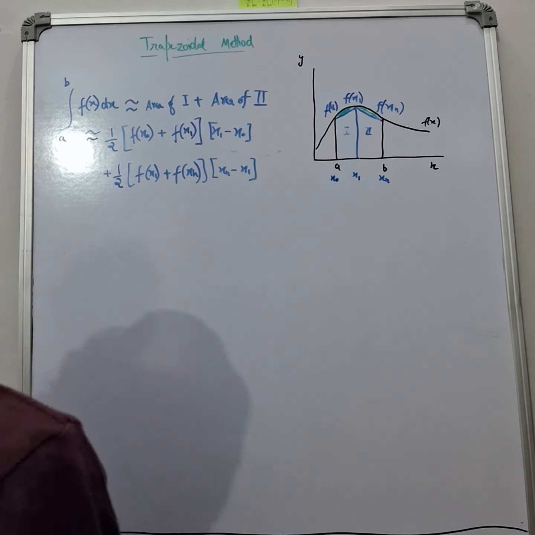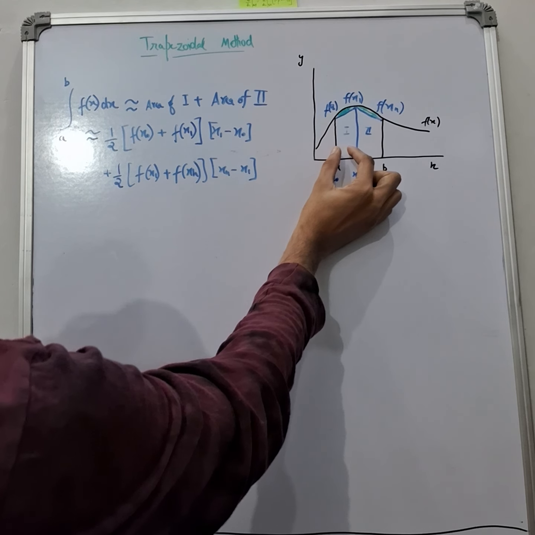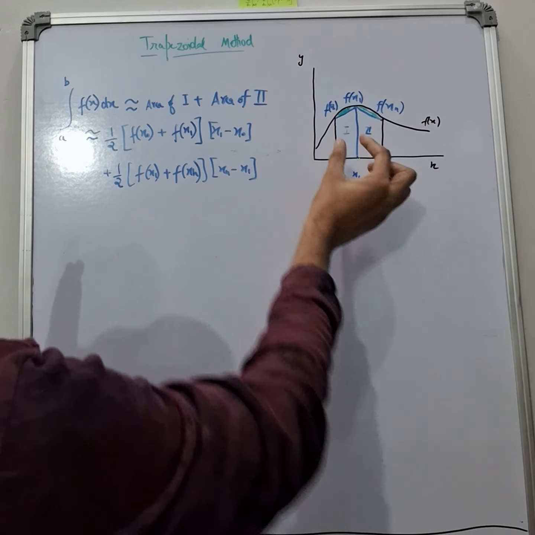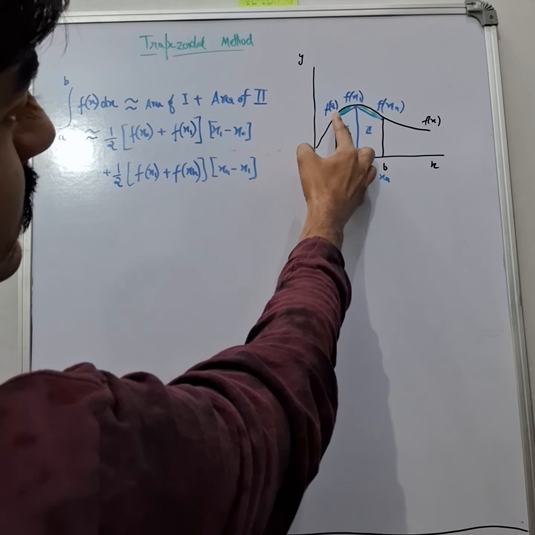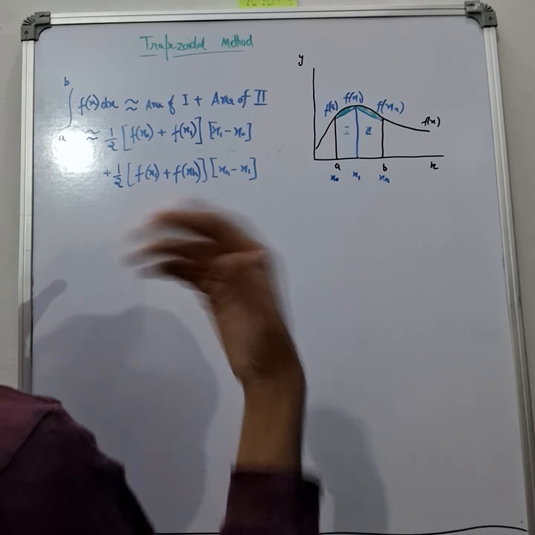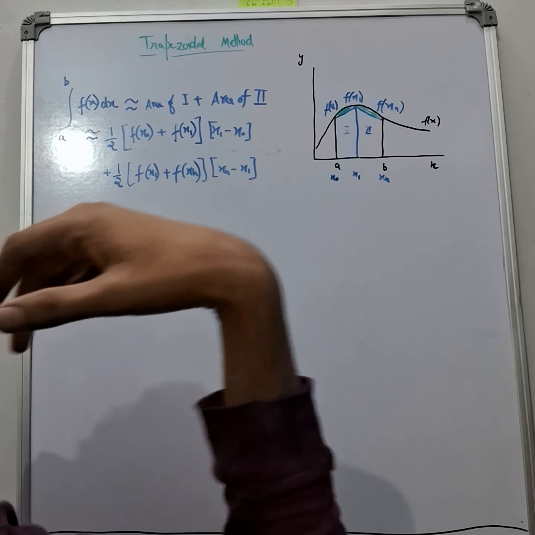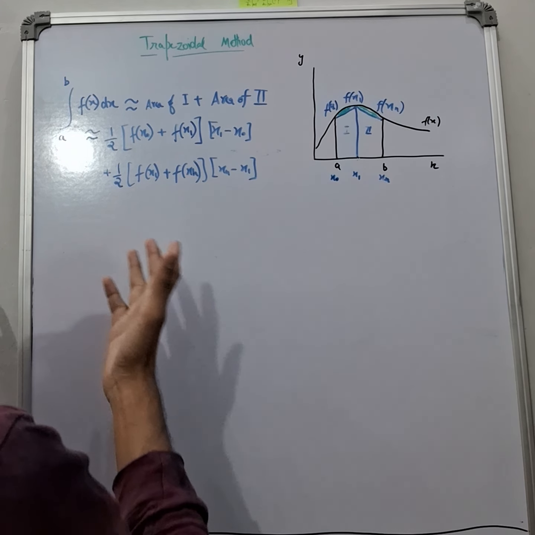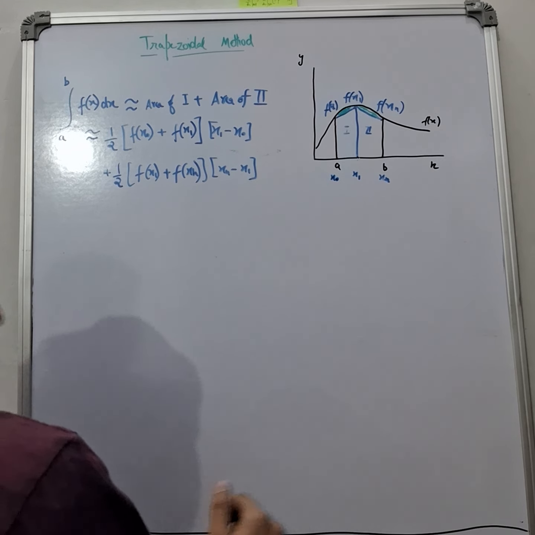So what we can do is increase the number of trapezoids to a very large number so that these trapezoids become very small, such that this area almost vanishes and our approximation becomes much better, and we tend to the exact value of the definite integral or area under the curve. So how to do that?